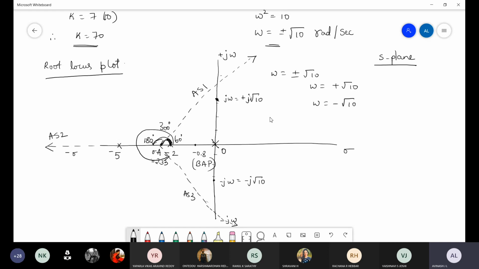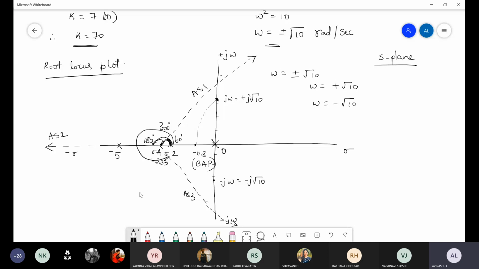From the breakaway point, you just draw a very smooth curve. I'll redraw this one. You just need to mark it like this.